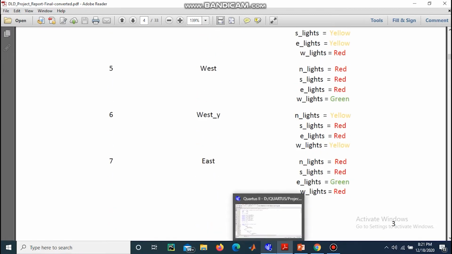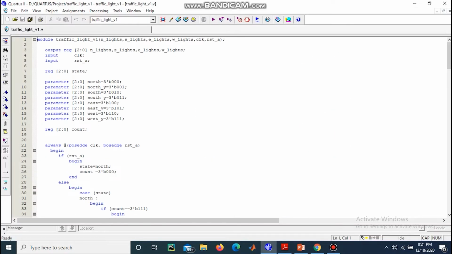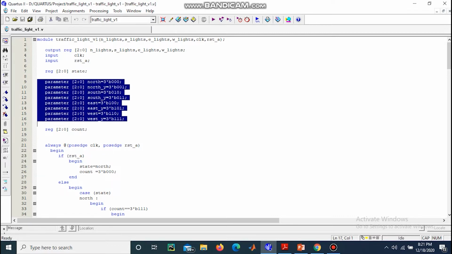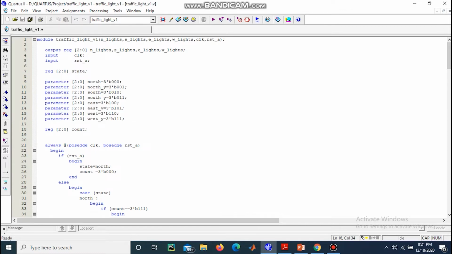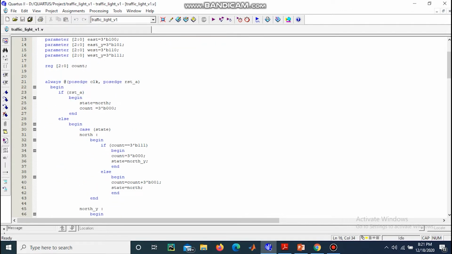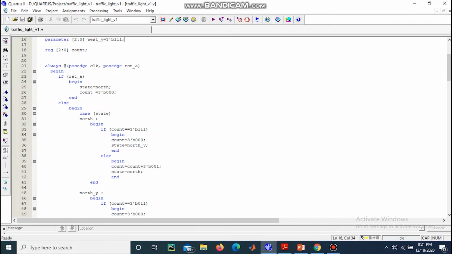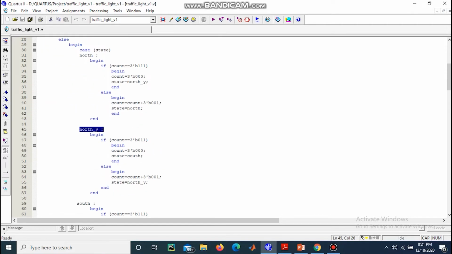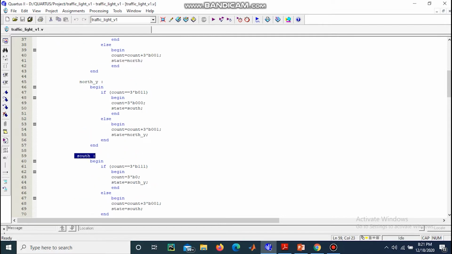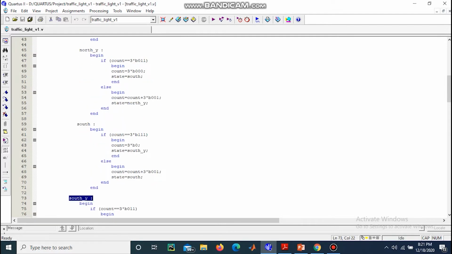Now if we look at the code, the output and input are denoted here and the parameters for each state are mentioned here. For the first part of the code, we have defined all the states here. If we look at this, there are north state, north yellow state, south state, south yellow state, and so on.